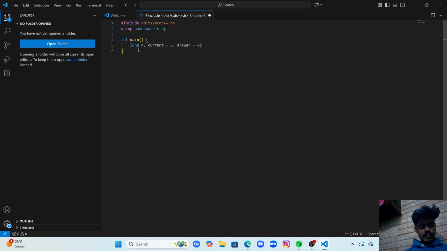Okay, then we will do cin n, then while current is less than or equal to n, right guys? Inside it, answer plus equal to n divided by current, and current here is 5.